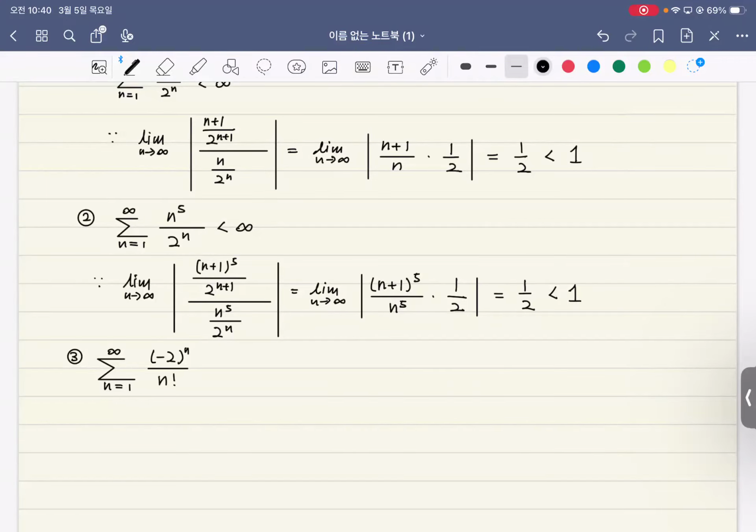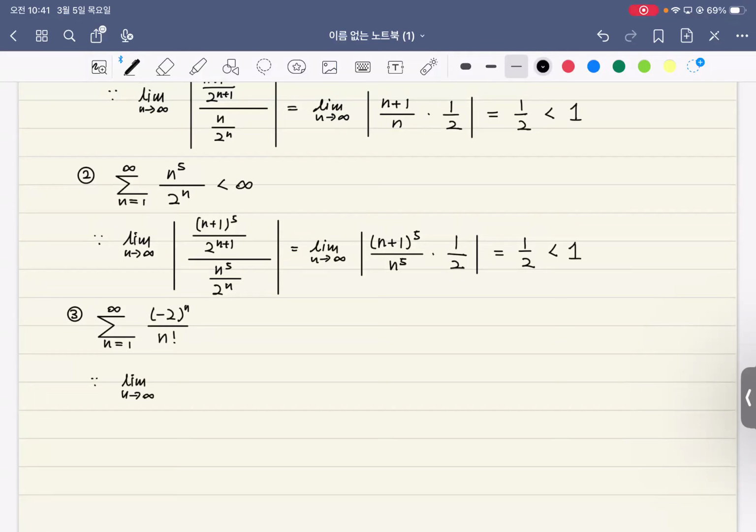So the limit as n goes to infinity of (minus 2) to the n plus 1 over (n plus 1) factorial, this is a_(n+1), over (minus 2) to the n over n factorial, this is a_n. And we're taking the absolute values.